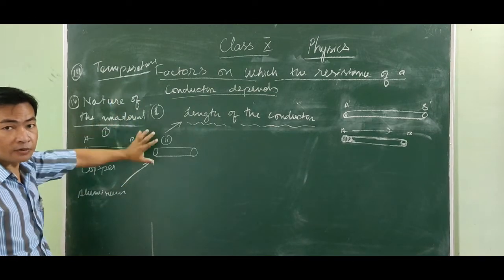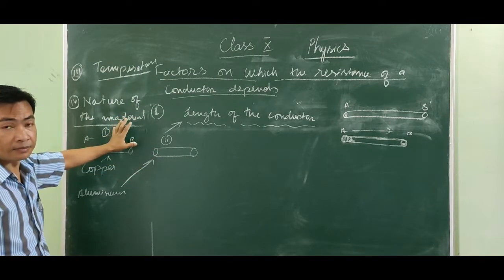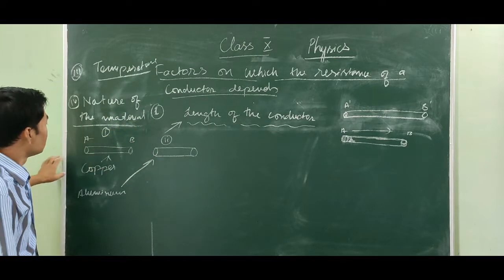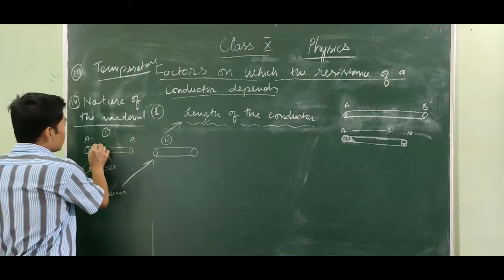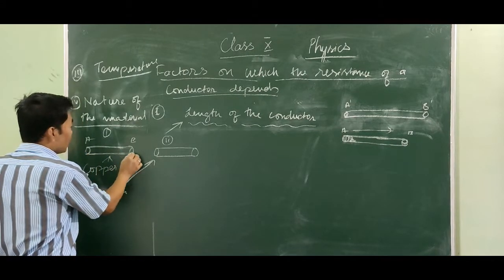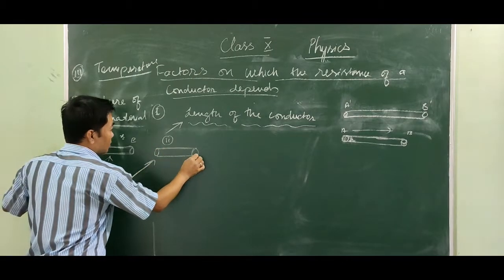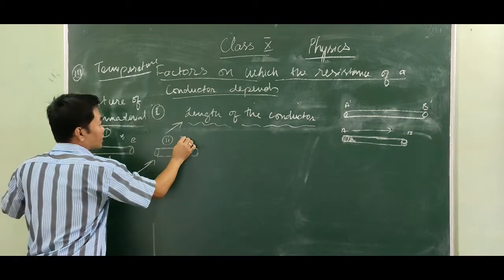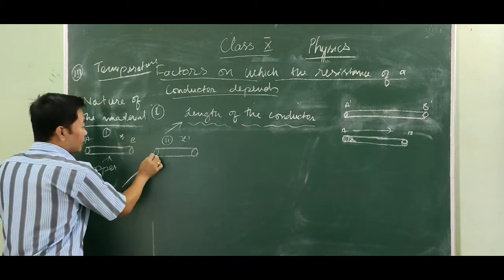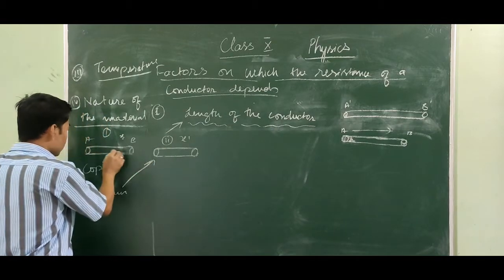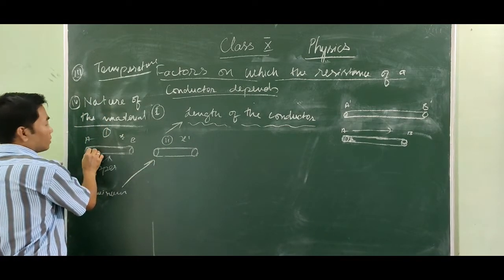Now let's set all the dimensions and configuration. This conductor has a length of x, and this also has the same length. So these two have the same length. The area of cross section of this conductor and of this conductor are the same.